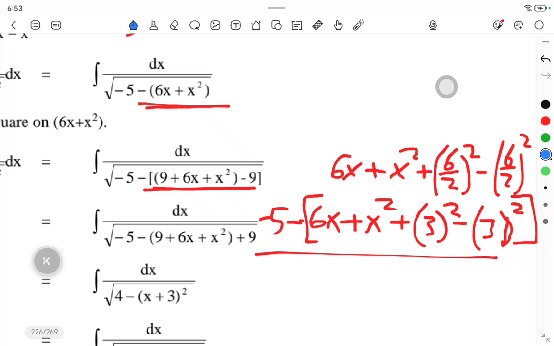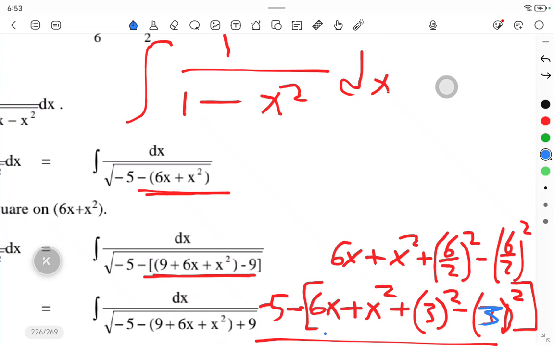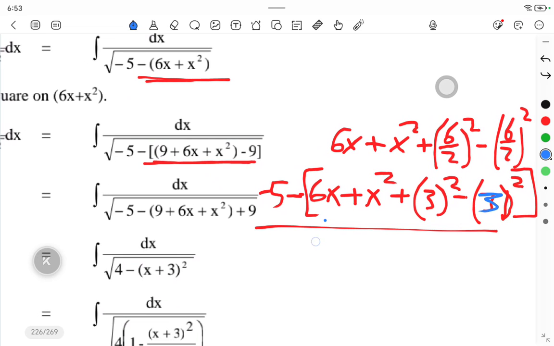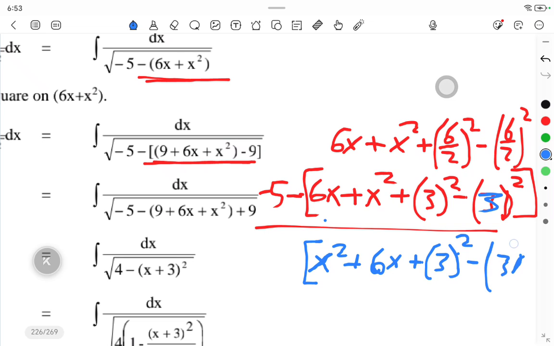So when we have this, what we can do from now on is we ask ourselves, are we looking for sine or tan or sec, right? Now we're going to have this. Since there's no negative on top and we're looking at the negative here, we see that at the negative we're looking at the sine, arc sine. So this is just going to be, let me put it like this, x squared plus 6x, then this is plus 3 squared minus 3 squared.